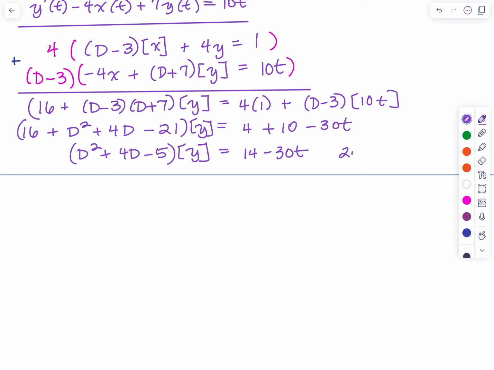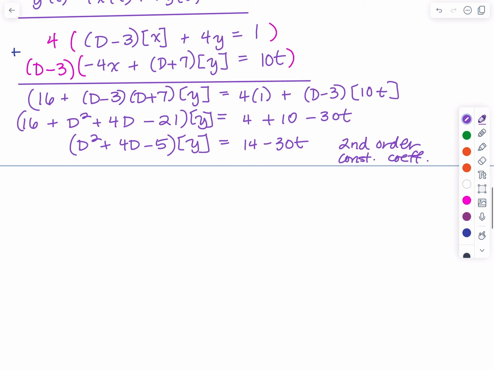So now, we have a second order linear equation. So this is a second order linear equation with constant coefficients. So we can say that our auxiliary equation to the homogeneous equation would be r squared plus 4r minus 5 is equal to 0.